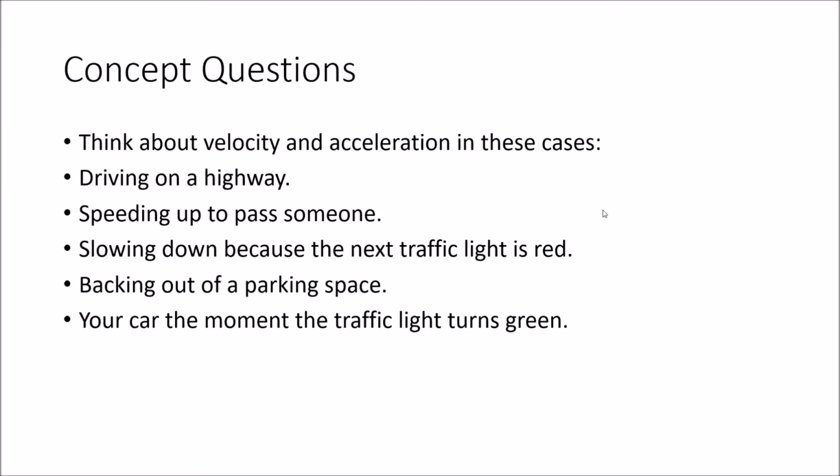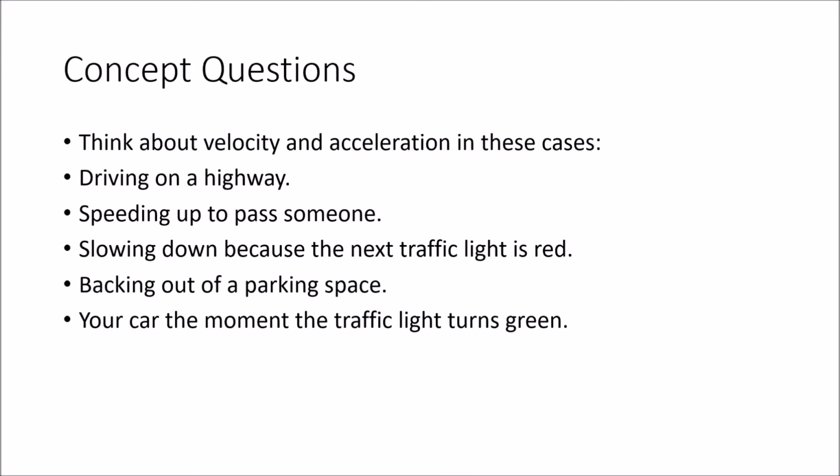Excellent. What about slowing down because the next traffic light is red? Oh, we've got some good answers for that one too. If you are slowing down because the next traffic light is red, your velocity is positive. You're still driving forward, but you have a negative acceleration. You can have a positive velocity, meaning I'm going forward, but a negative acceleration.